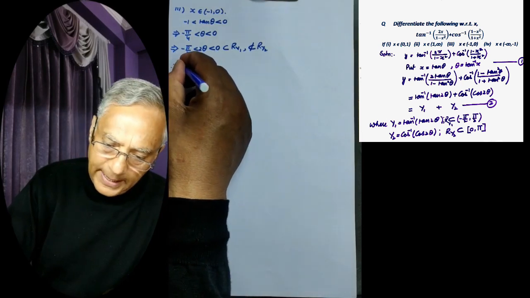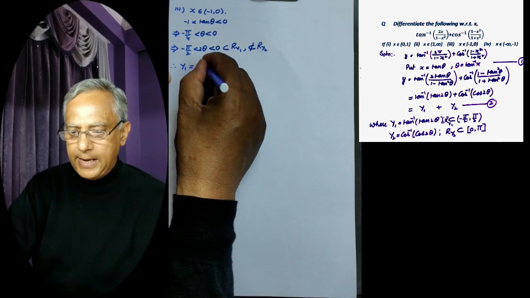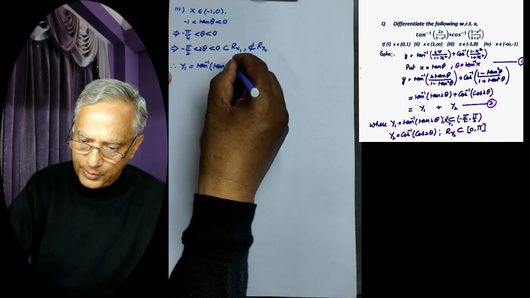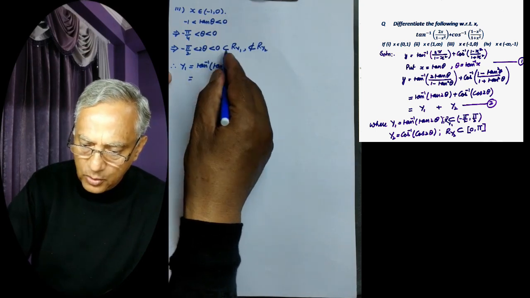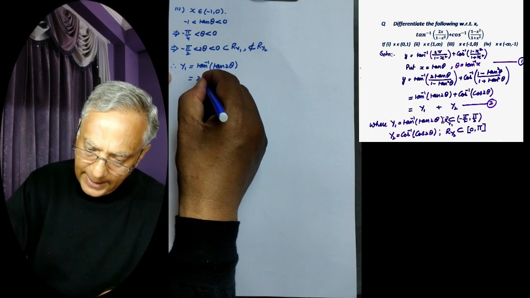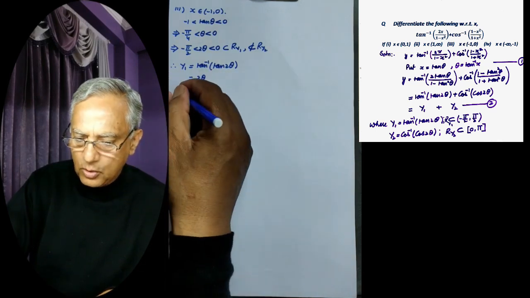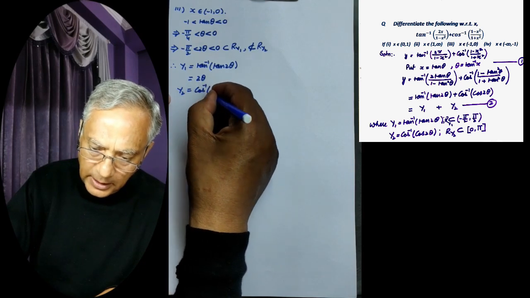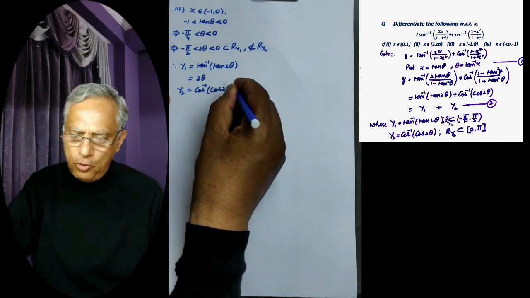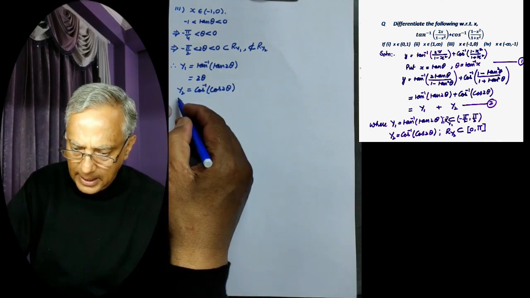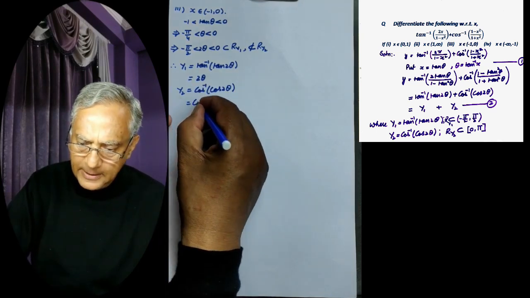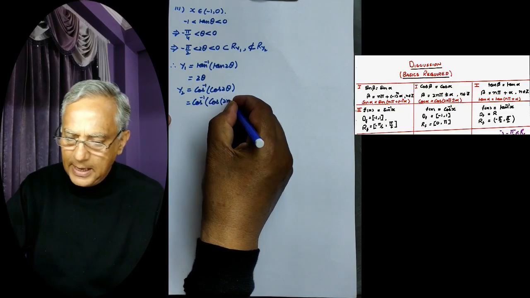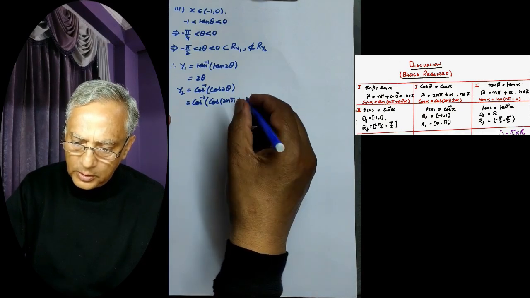y1 is equal to tan inverse of tan 2 theta, and since 2 theta is within the range of y1, this will be equal to 2 theta. And y2 is equal to cos inverse of cos 2 theta. 2 theta is not in the range of y2, therefore we must write this as cos inverse cos of 2n pi plus minus alpha, that is 2 theta.